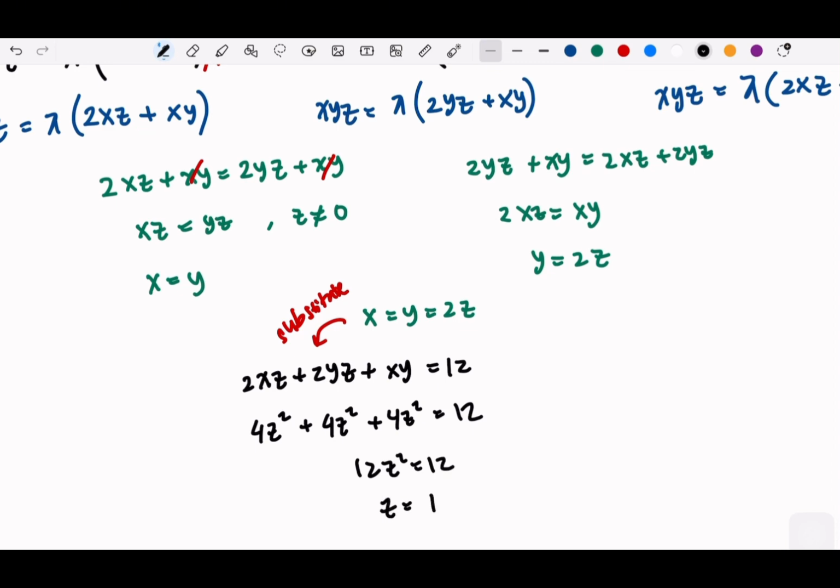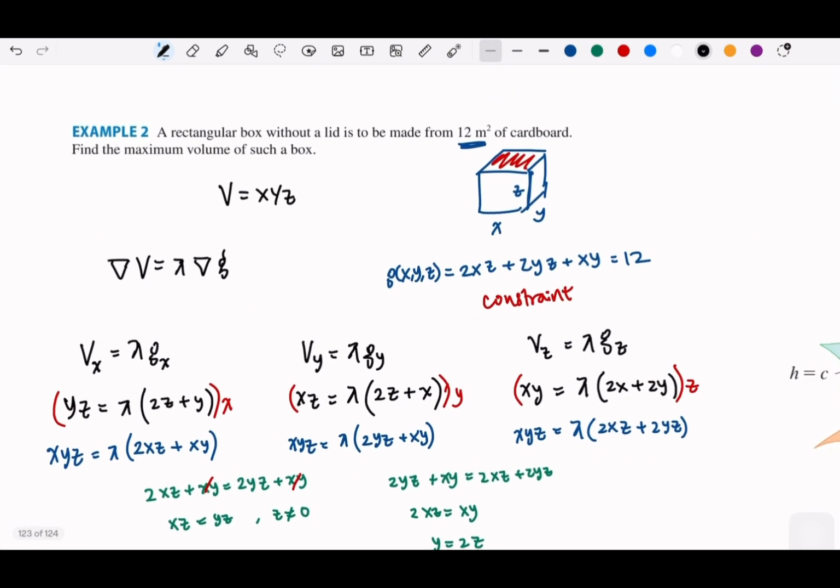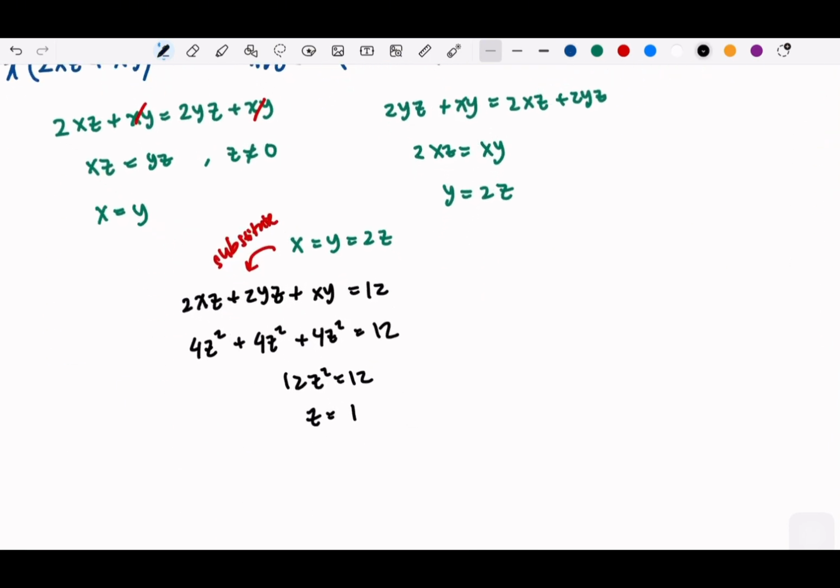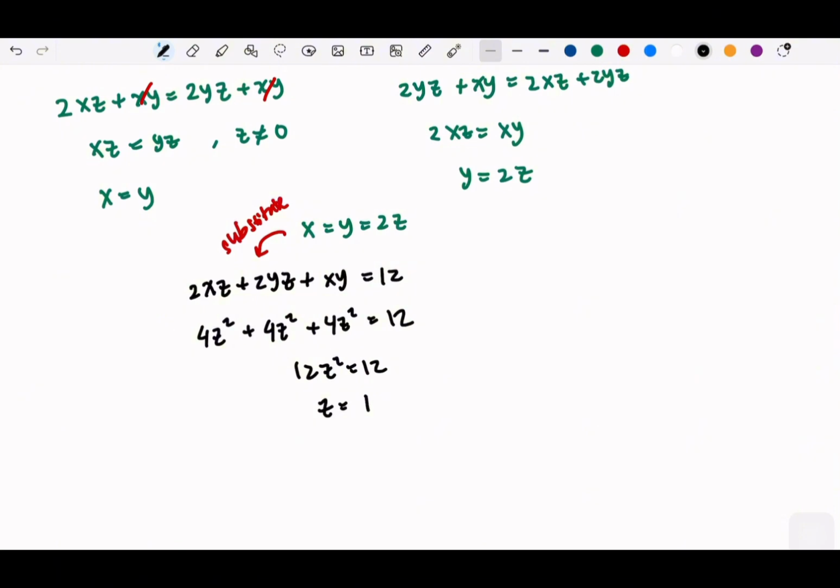So we are ignoring the negative because if negative, it has no meaning in real applications. We want to make sure that this is positive. Okay, so this means that x, y, z are all positive, okay? So when z equals 1, x is equal to 2, y is equal to 2. So the only way to have this volume is basically by taking 2, 2, 1.